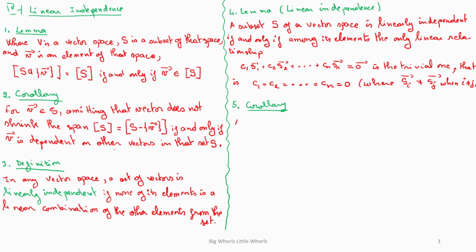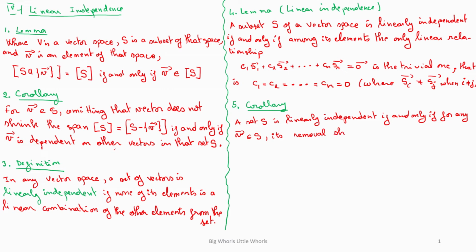So we have a set S is linearly independent if and only if for any v in S its removal shrinks the span of S.